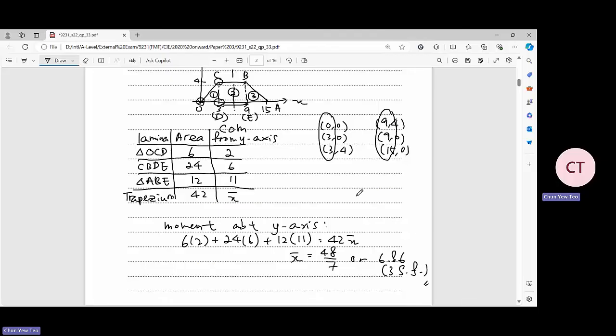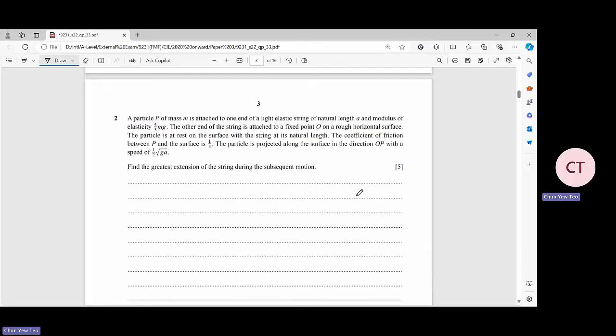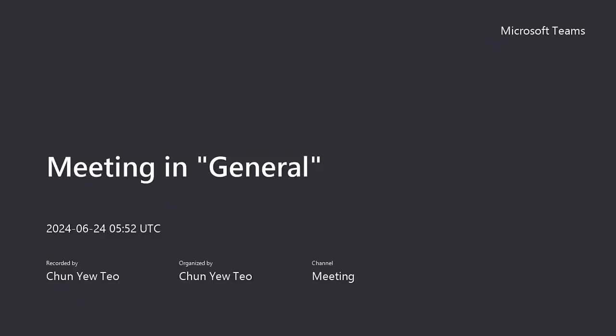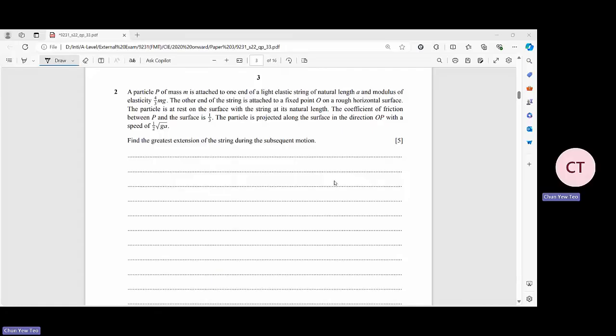Okay, so now we move on to question number 2. A particle P of mass m is attached to one end of a light elastic string of natural length a and modulus of elasticity 4/3 mg.